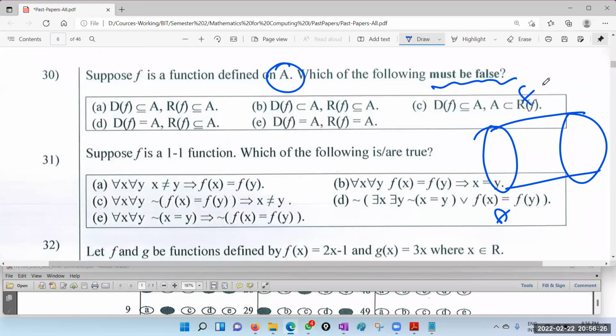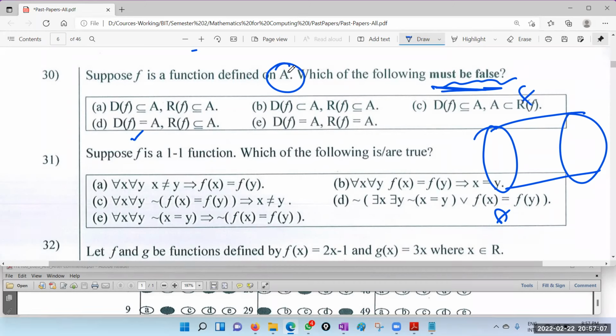Domain of f must be a subset of A, defined on A. When we say subset of A, the equal is also there, right? And it says must be false. This is an extremely tricky one. This one says domain of f must be A. That is true.